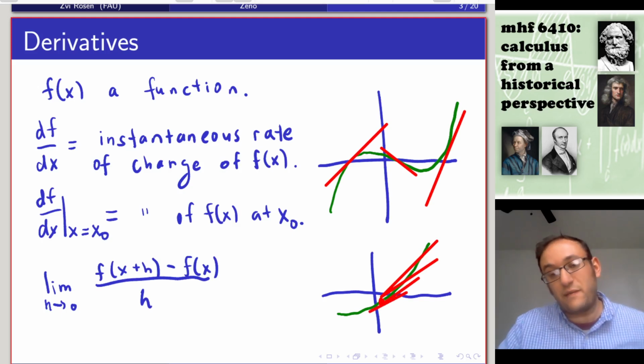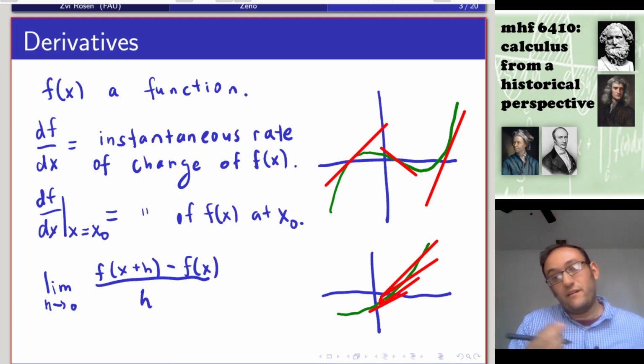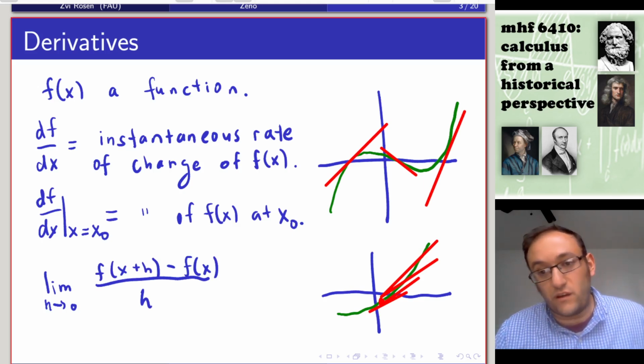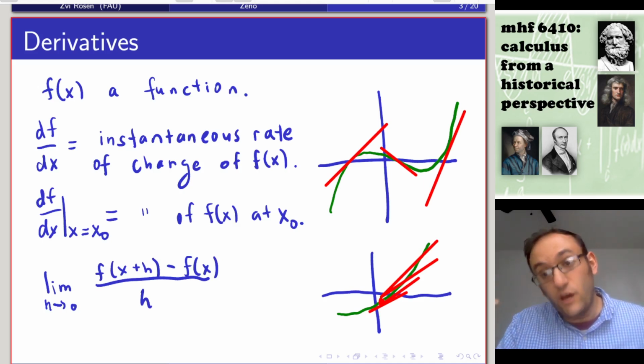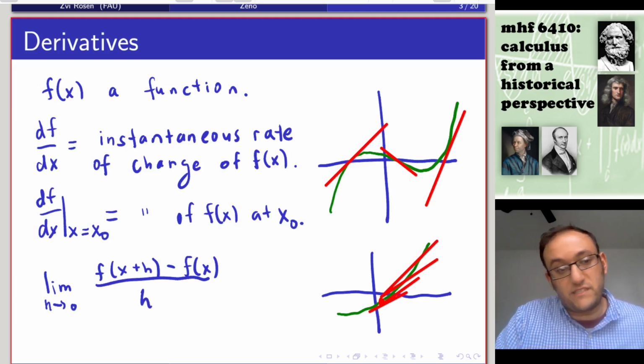Once that point approaches our initial point all the way, well, then the fraction will cease to be defined, because then you have h on the bottom, which is 0, and f(x) minus f(x), which is also 0. But assuming that the secants approach the tangent, this will be a well-defined limit which defines the slope.